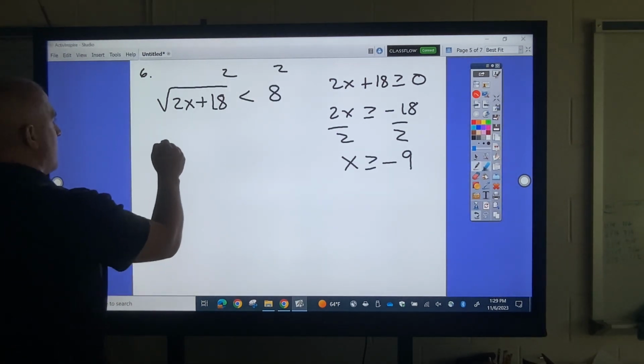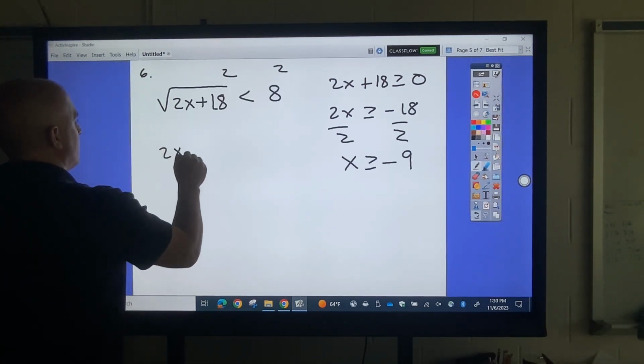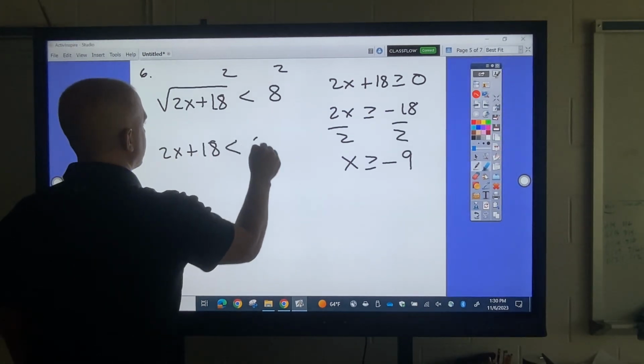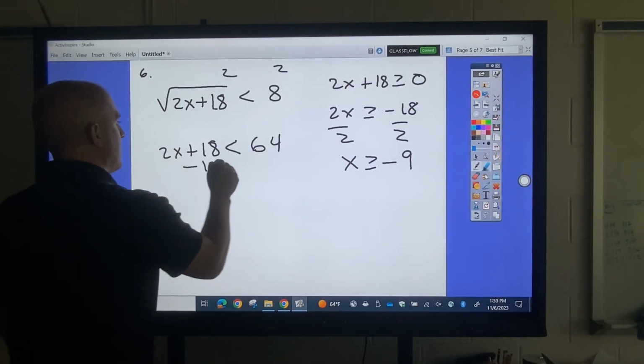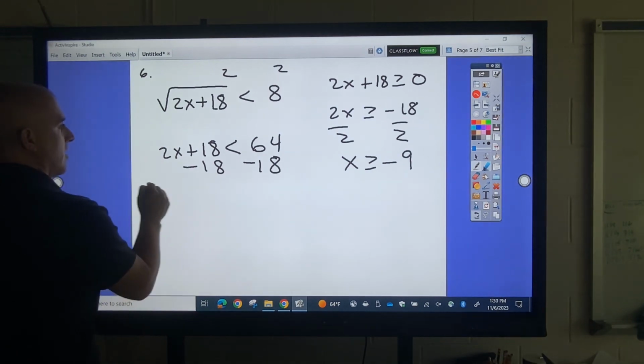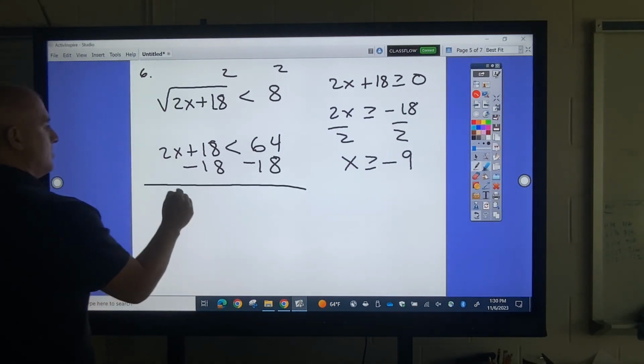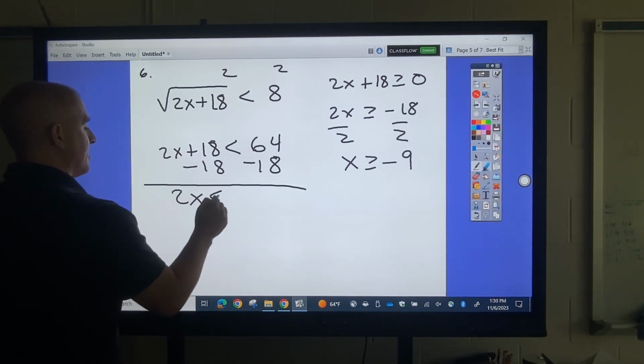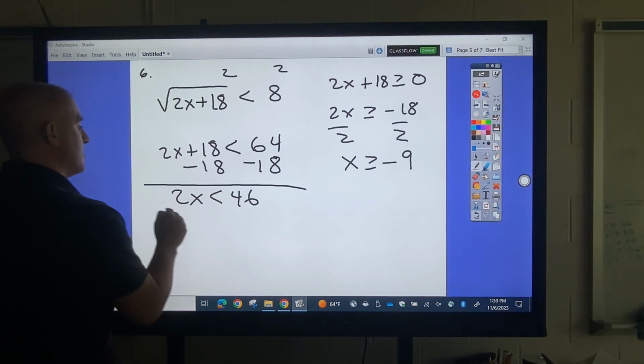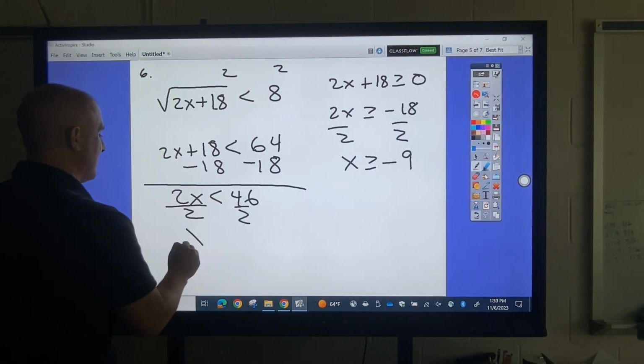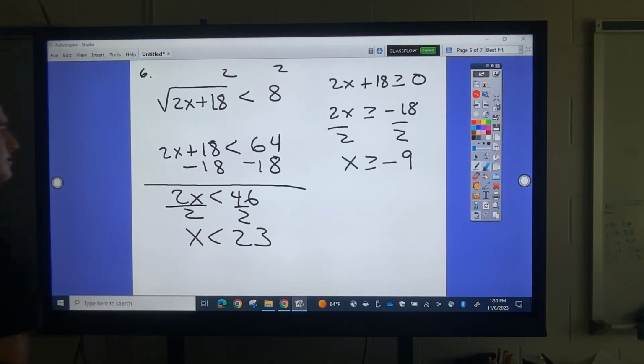That's going to be 2x plus 18 less than 64. Subtract 18, I got 2x less than 46. Divide by 2, I get x is less than 23.